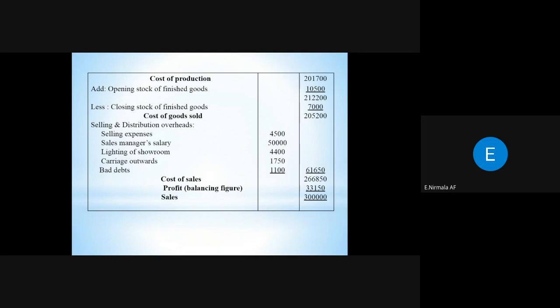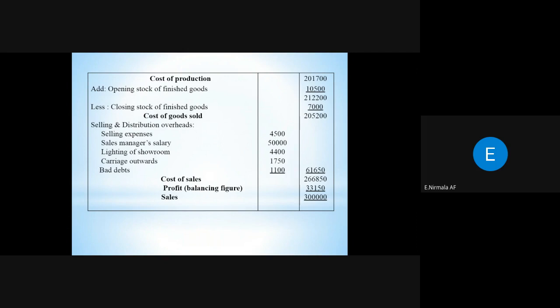2,05,200. From that, we have to add selling and distribution overhead. That is, we have to enter all the selling expenses and distribution expenses. Now, sales manager salary, lighting of showroom, carriage outward, bad debts. Then finally, we will get cost of sales, 2,66,850.